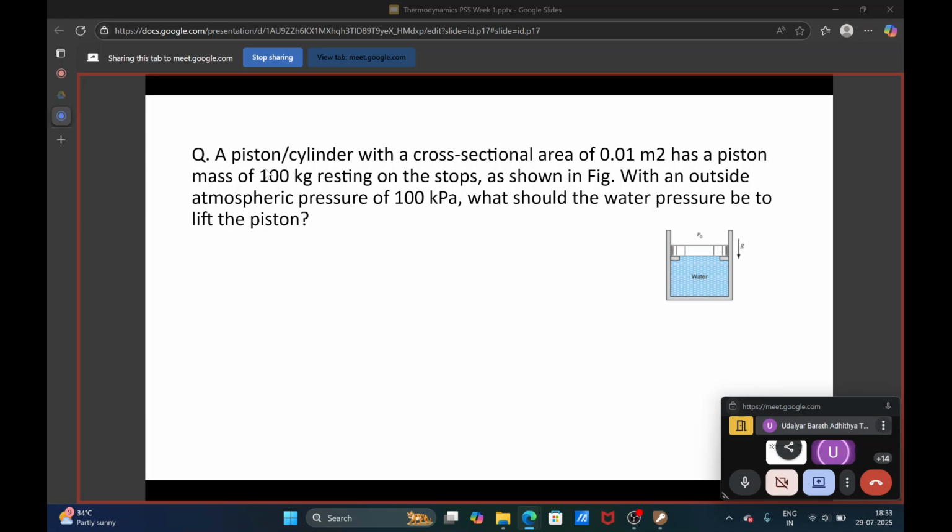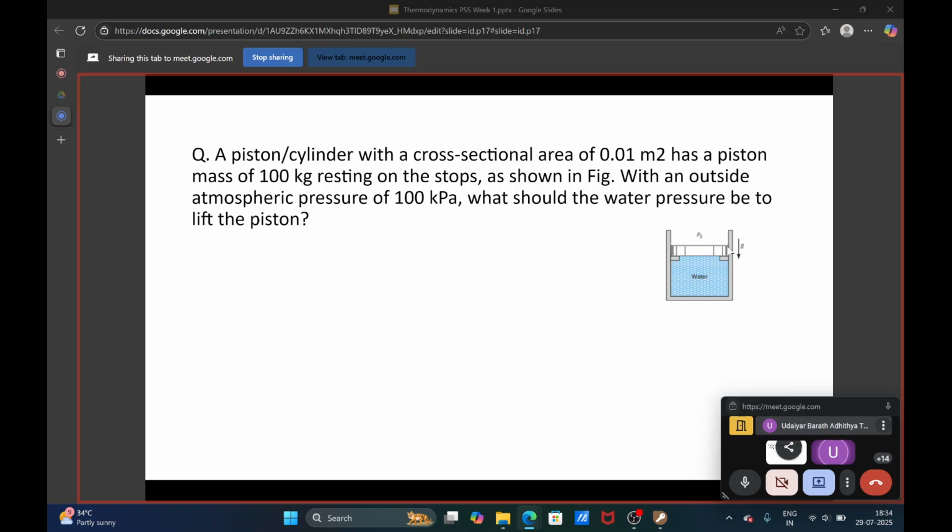Okay, a similar problem here. We need to find what the pressure of the water should be to lift the piston. In the piston cylinder arrangement, the cross sectional area is 0.01 meter square and the piston mass is 100 kg.